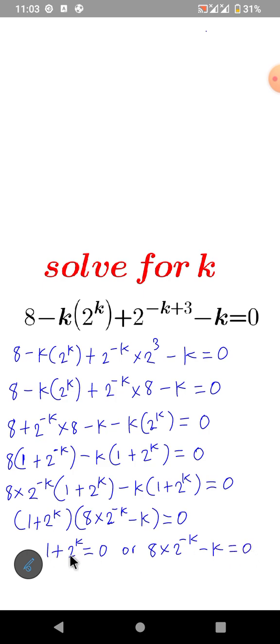Then from here I can simply say that 2 raised to the power of k is equal to minus 1. Then, or here is what? 8. So I write my 8, then times this 2 raised to the power minus k is the same thing as 1 all over 2 raised to the power of k, according to the law of indices. Then all equal to, I'm going to take this minus k to this position, so it will now become just k. So we continue.